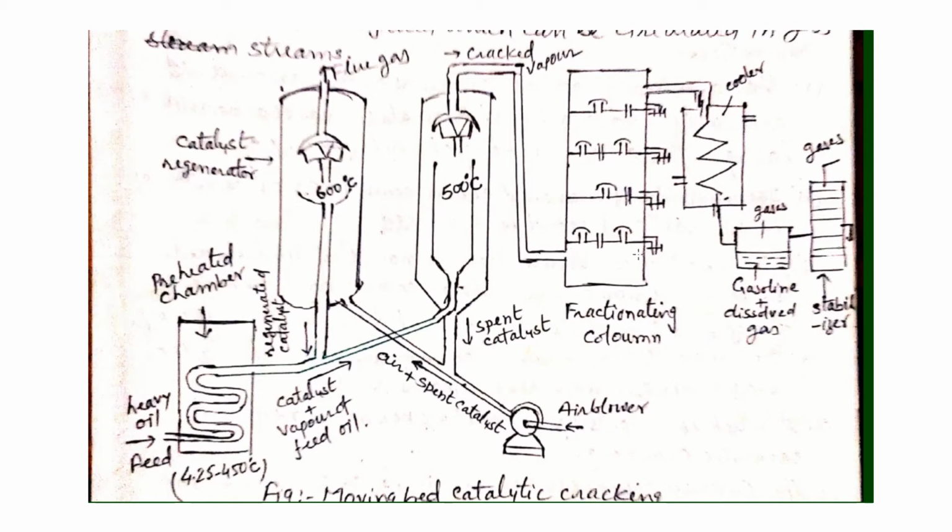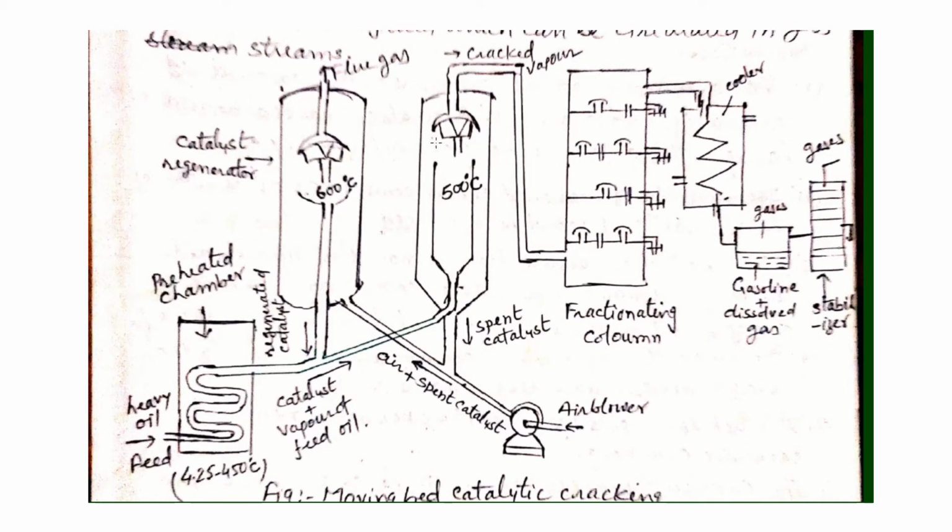So here we get tar, then heavy oil, then diesel, in between kerosene, diesel, petrol, and these are the hydrocarbons which are in gaseous state. They come here, we cool them, and again we get gasoline plus some dissolved gases, and with the help of a stabilizer we separate the gaseous hydrocarbons and the gasoline.